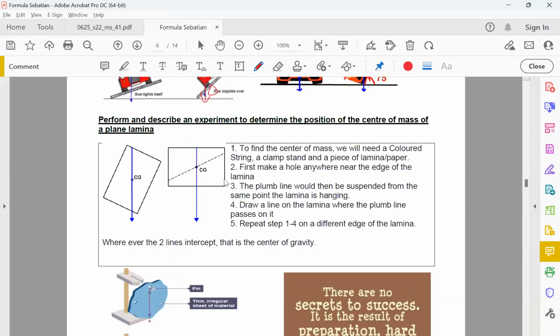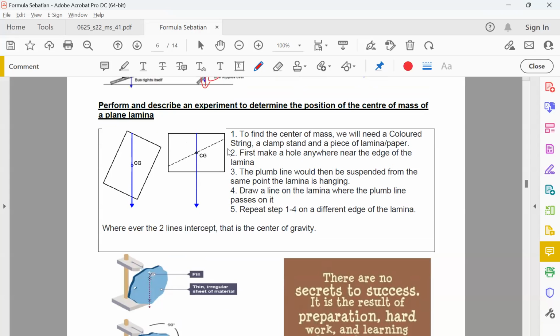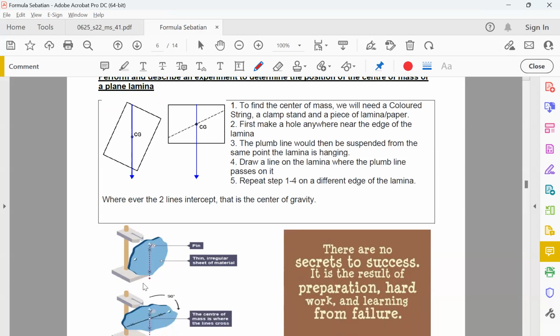Okay, so basically this last part here is what I mentioned now in the video, but it's just worded properly in format. To find the center of mass, we need a colored string, a clamp stand, and a piece of laminar paper. First, make a hole anywhere near the edge of the lamina, like what the video guy did. He put one hole here and another hole here, right?